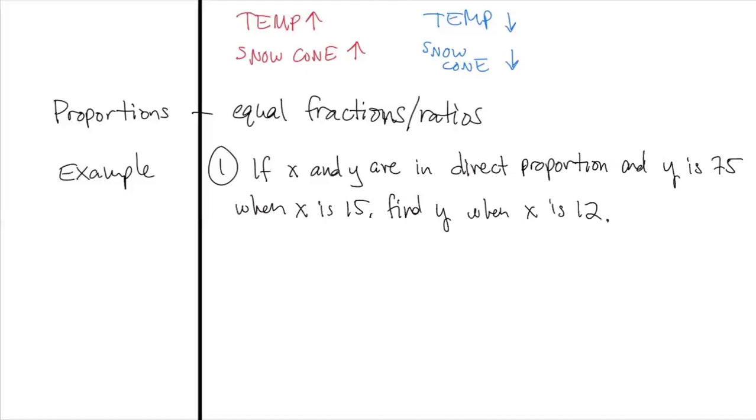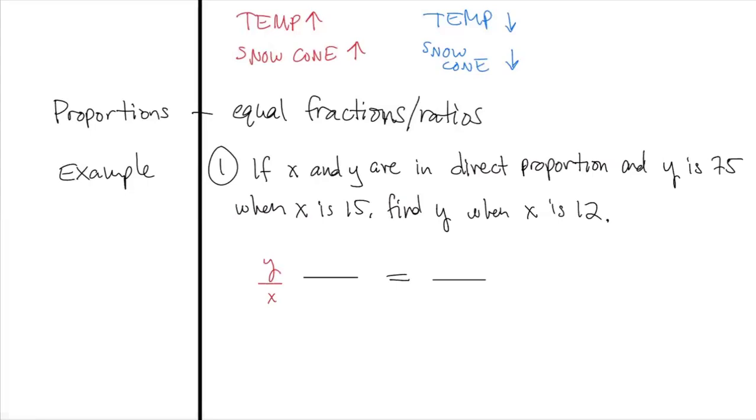So what we have to look at here is we're going to set up a proportion. A proportion is really just two equal ratios. So let's go ahead and write that: an equal sign with two ratios, two fractions in essence. And the way we're going to write these, because we're going to do some stuff later on, I want us to get used to writing this. We're going to put a y on this side and an x on this side.